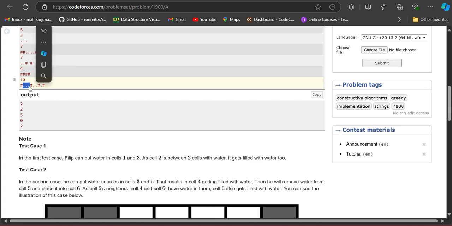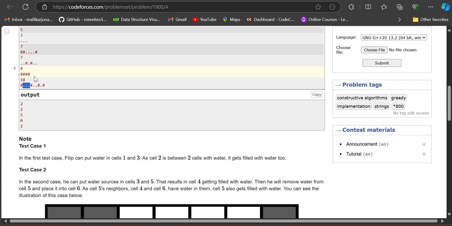So these three are filled. Now we have to shift this to this one. Even if we shift this to this one, it is filled. And we have to fill this also. Why is it taking two only? I don't understand. So we have three.